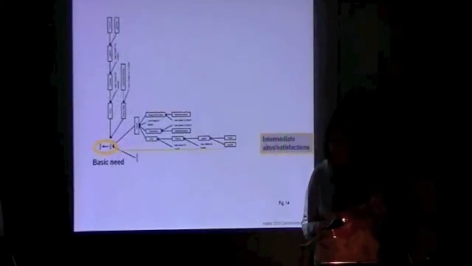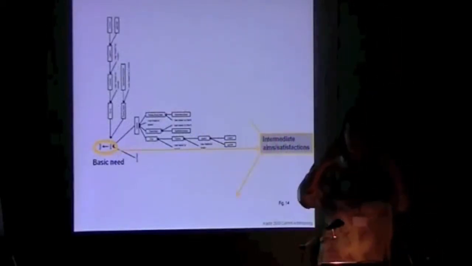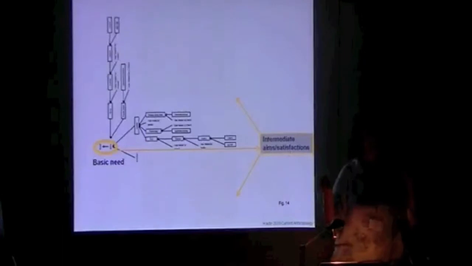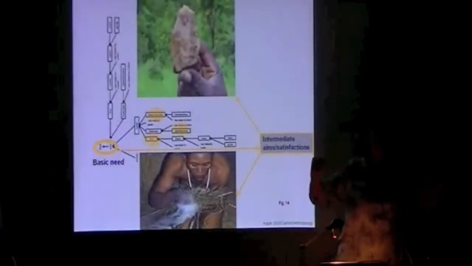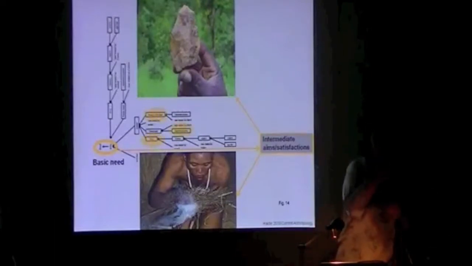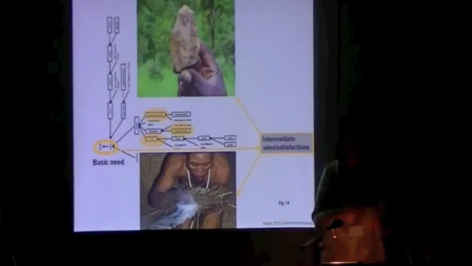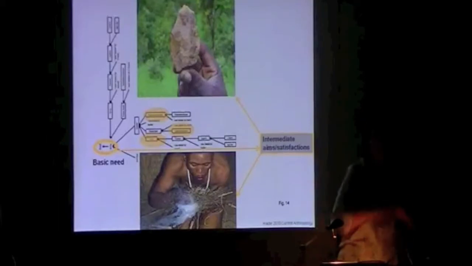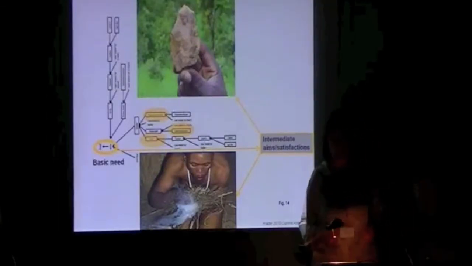It also shows us that the intermediate aims and satisfactions are starting to separate from my basic need. I'm hungry, but it's not necessarily just, as Michael showed us, I take the stone, I focus on it, and I pound my nut, and I have my stone, and I'm satisfied.